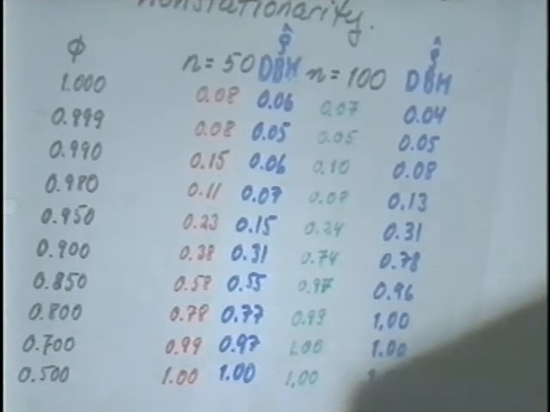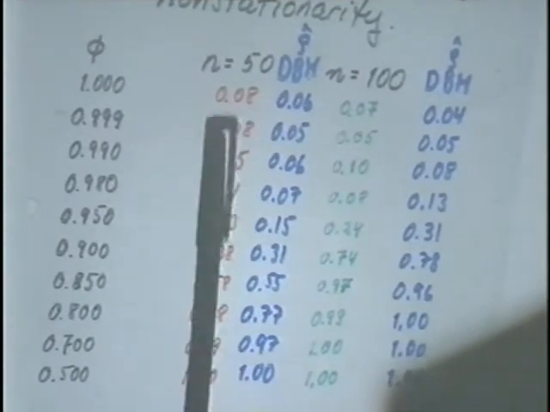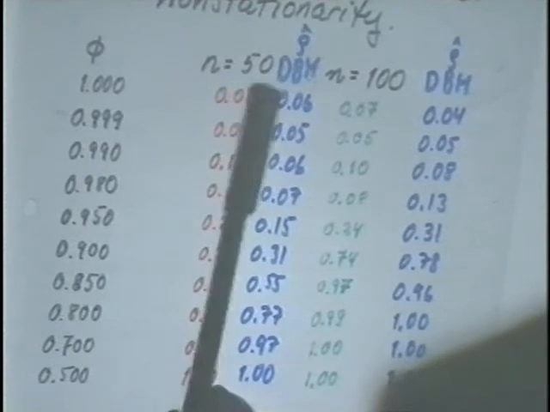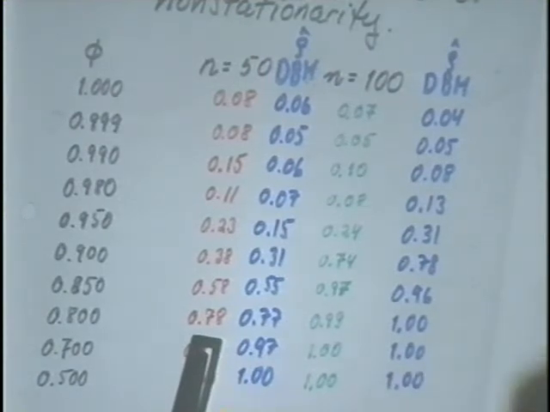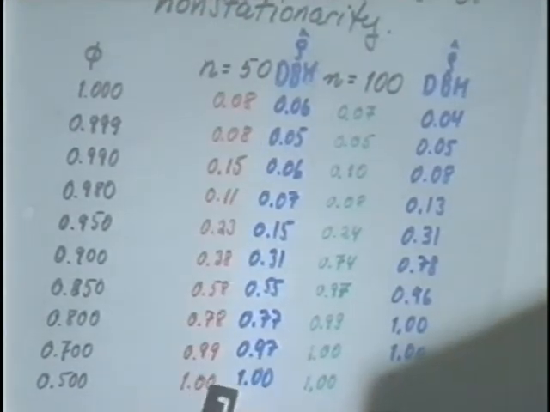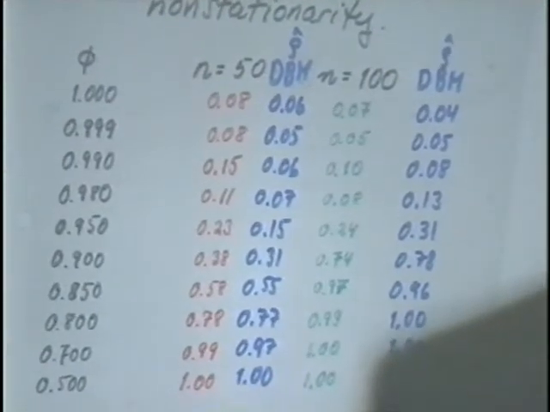And these numbers are from that paper, and here is the phi parameter theoretically, here are these numbers in the cases n is equal to 50, n is equal to 100. What is the power if we use this kind of model selection criterion as a test of stationarity? And as we can see, these numbers are rather close to each other.